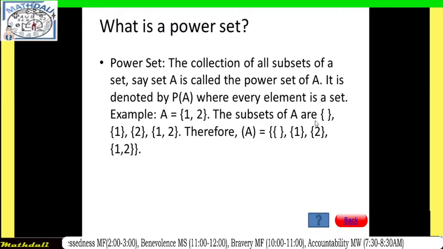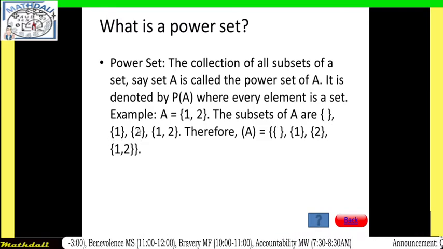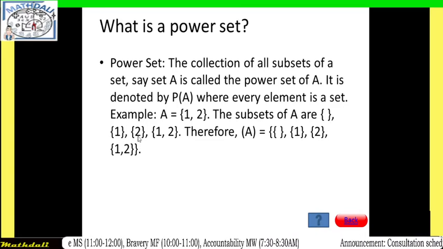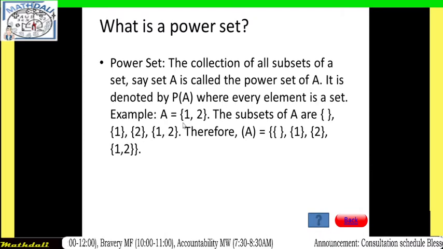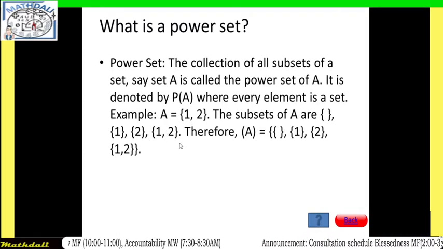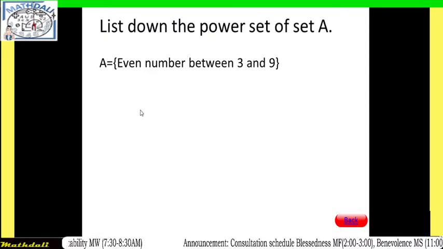Una dyan yung empty set. Set with one element. Ito yung mga element din natin, pero express natin siya as a set. Yan, enclose lang natin into a brace. Okay, so then we have the set itself, 2 element. So ito yung ating magsisilbing power set. Okay, so let us have this last example.